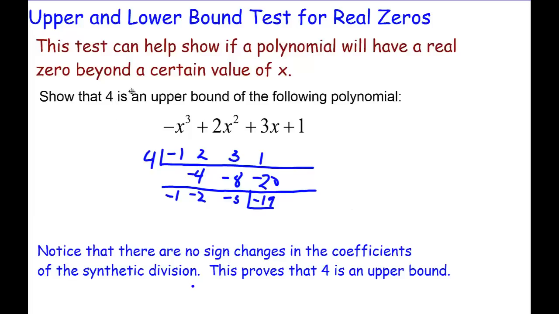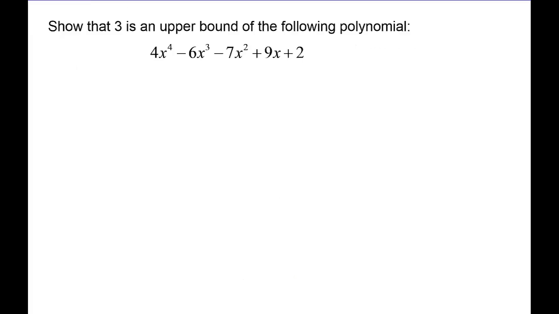So what we're really looking for in the synthetic division is no sign changes among all the coefficients. If it starts as a negative, everything else should be negative. If this was a positive leading coefficient, then every other coefficient and the remainder should be positive as well. Okay? So let's look at another example of this.